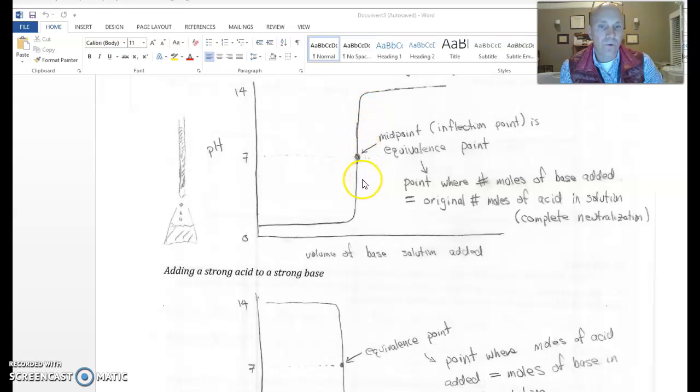So you're going to want to find a pH indicator whose pKa is very close to the equivalence point that you're interested in. If you have that pH indicator in that solution, you will see a very distinct color change. Literally it can happen over the course of a drop or two of your solution.